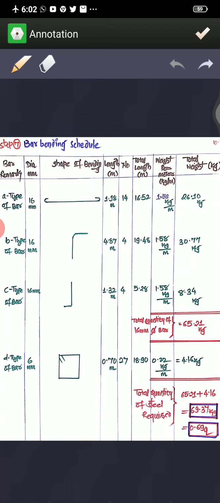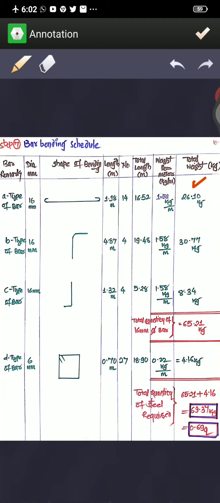Now this 16.52 is going to be multiplied by weight per meter bar that is given in the problem, that is 1.58 kg per meter. So 16.52 into 1.58, it is going to be 26.10 kg. Similarly, B type of bars, 16 mm dia.